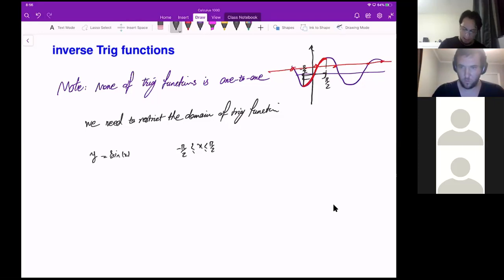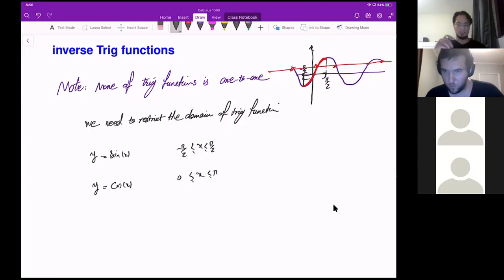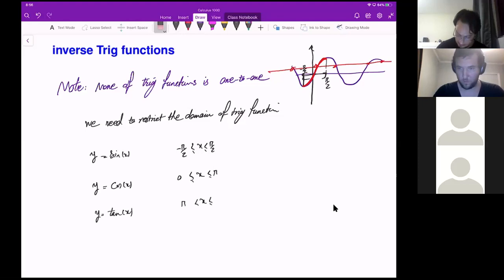For cosine, it needs a slightly different domain. It will go from 0 to pi. Just sketch the graph of cosine and you will notice why this is important. For tan, this will be between negative pi over 2 and pi over 2.